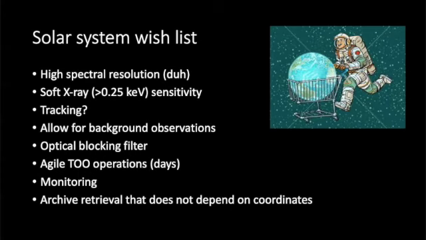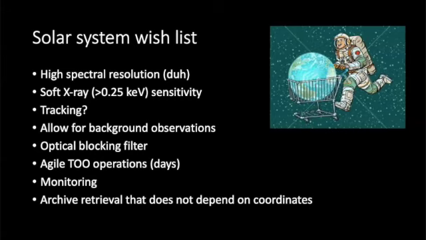Monitoring. Solar system objects likely vary as a function of time, and there are unanticipated events. So if you want to capture those, it would be great if you can observe for an extended amount of time, corresponding to certain properties of your object. That can be rotational periods, seasonal effects, or typical time spans of solar transient events.